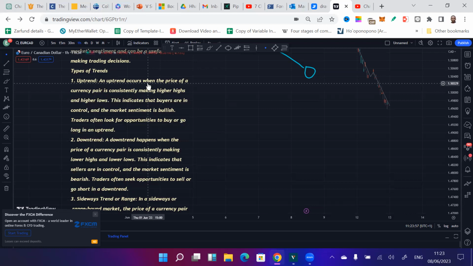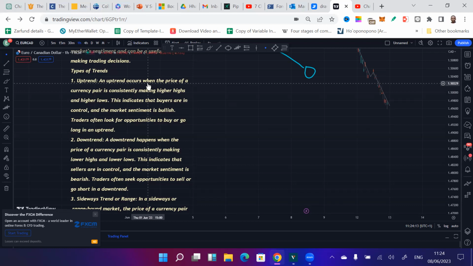Okay, so bullish means buy. Anytime, anywhere you see bullish, we are talking about buying. Anywhere you see bearish, we are talking about sell. So think of it as bull and bear, bull and bear, bull and bear.